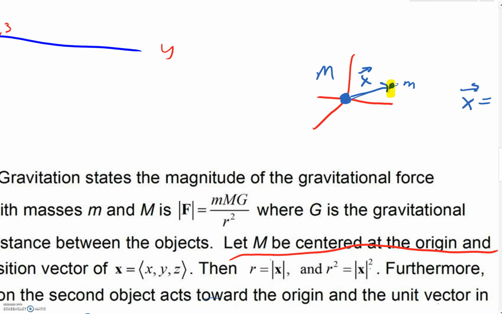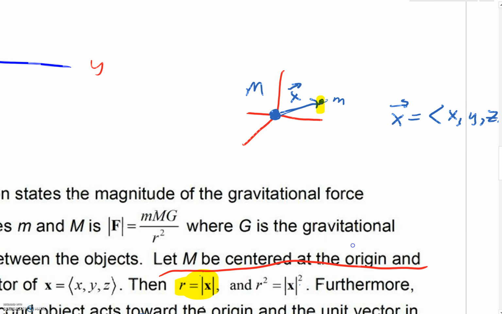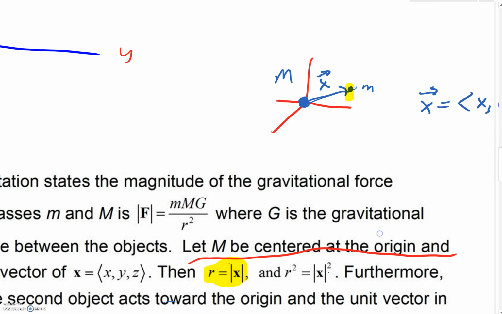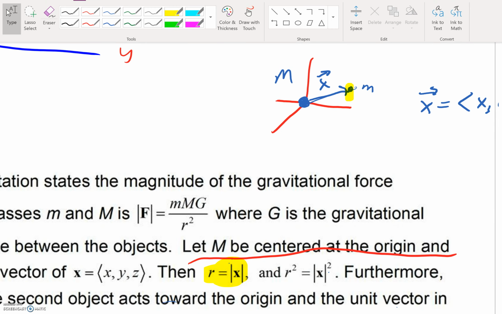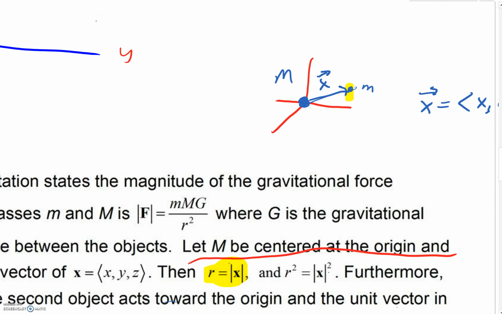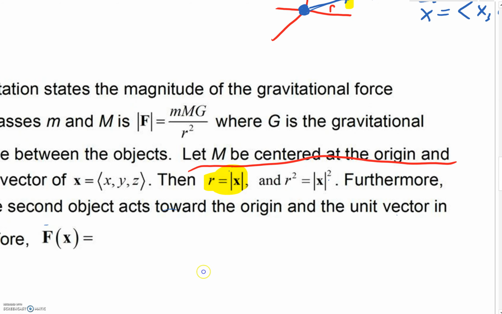The distance between the two objects, of course, is the length of vector x, isn't it? And if you were squaring that, you'd have the length of vector x squared. So that's really what we have right here. And we could even draw that in right here. This is your distance.